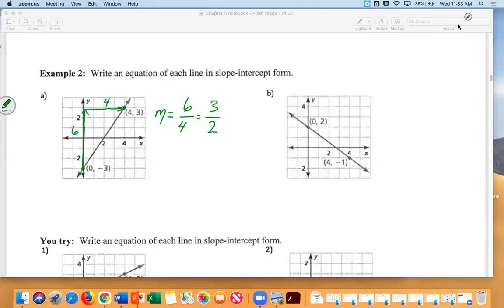Nate, are you in agreement with that? Okay. Now, to get my y-intercept, this requires two hands.